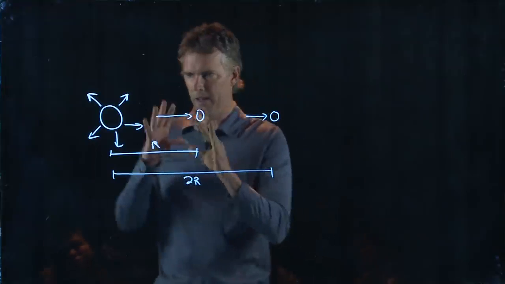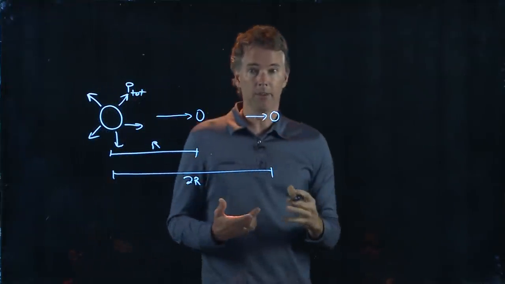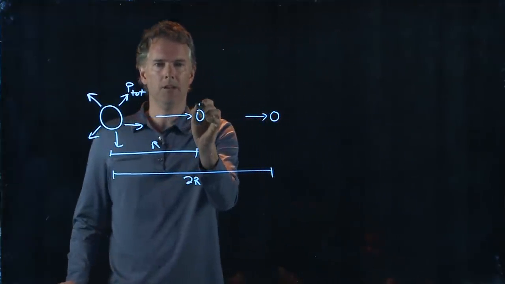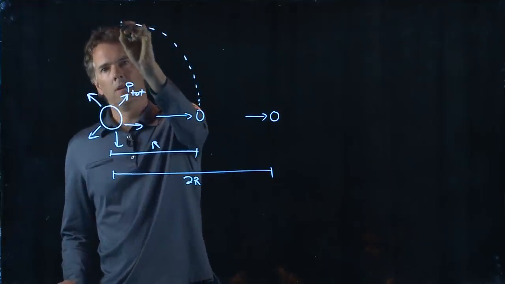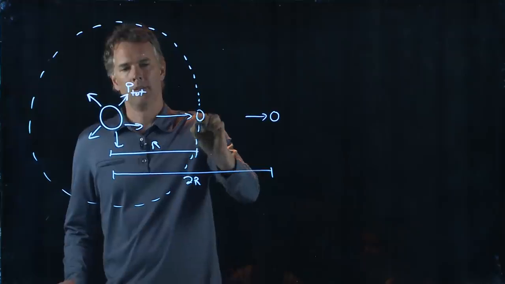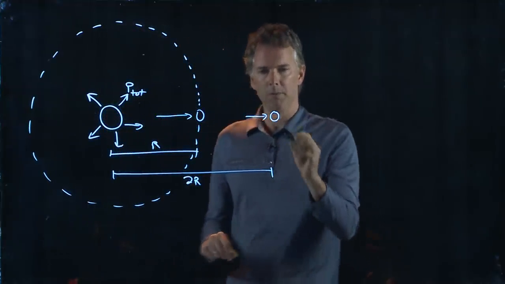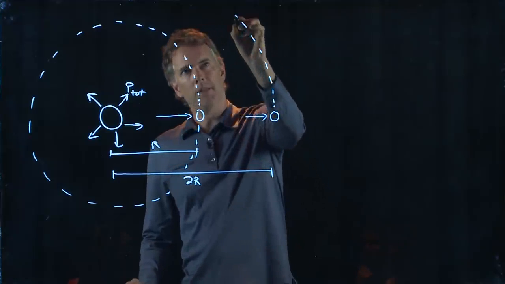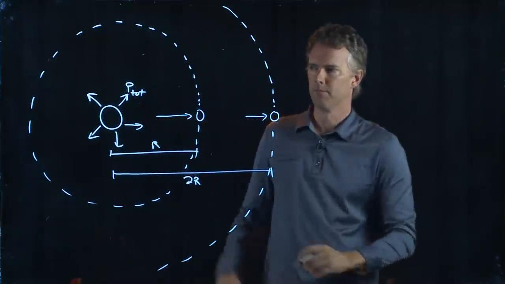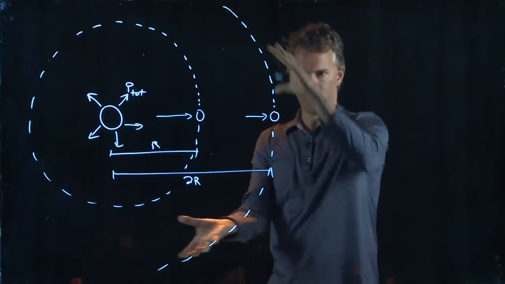Well, there is a finite amount of power that's leaving the sun. All of that power is going to be intercepted by this sphere of radius r. But all of that power is also going to be intercepted by this sphere of radius 2r. Right? All that light that's coming out of the sun eventually is going to go through this bigger sphere.